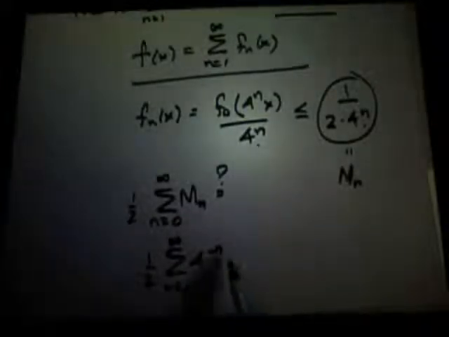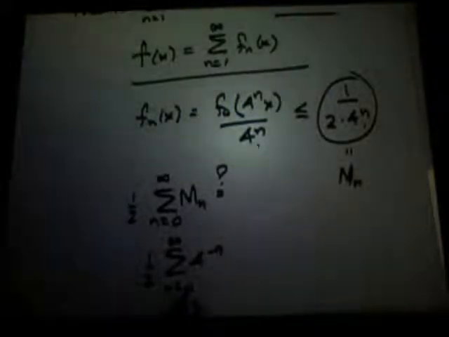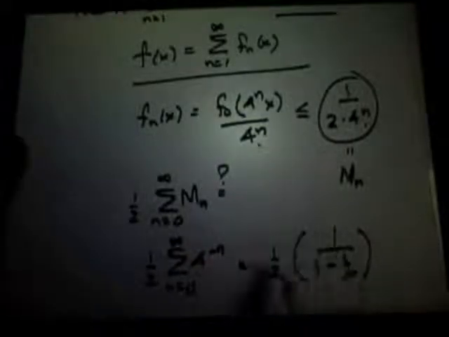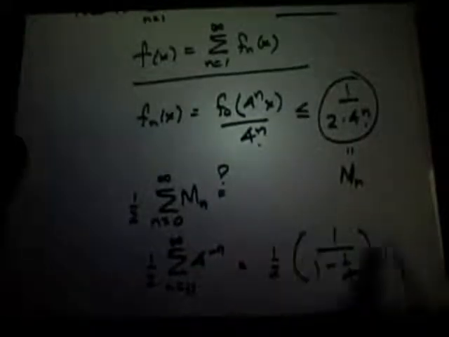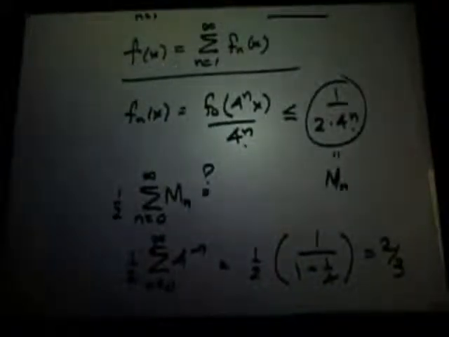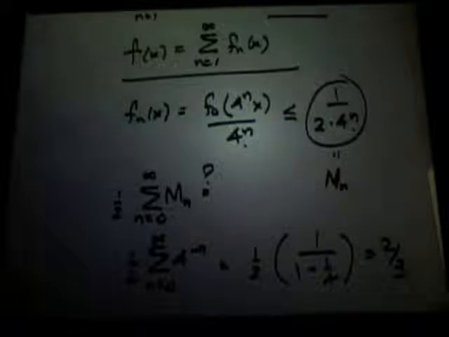That's a geometric series with constant ratio 1/4 and initial term 1. So the sum is 1/2 times 1 over 1 minus a quarter, right? 2/3. Well, looks like the M_n's form a convergent series.